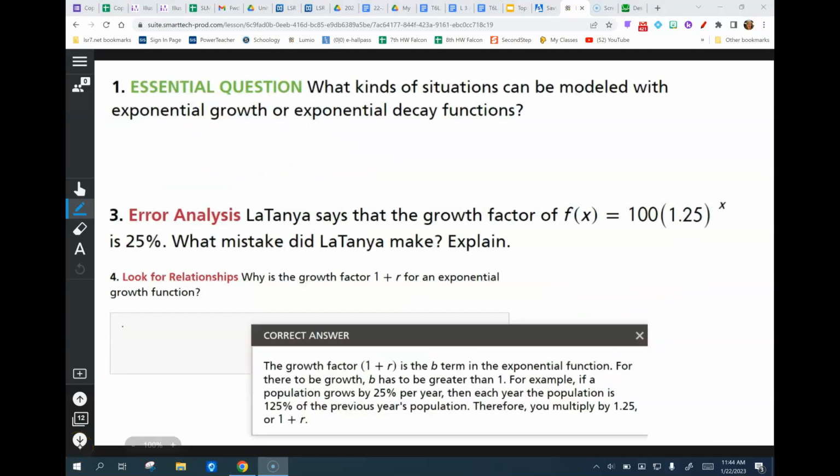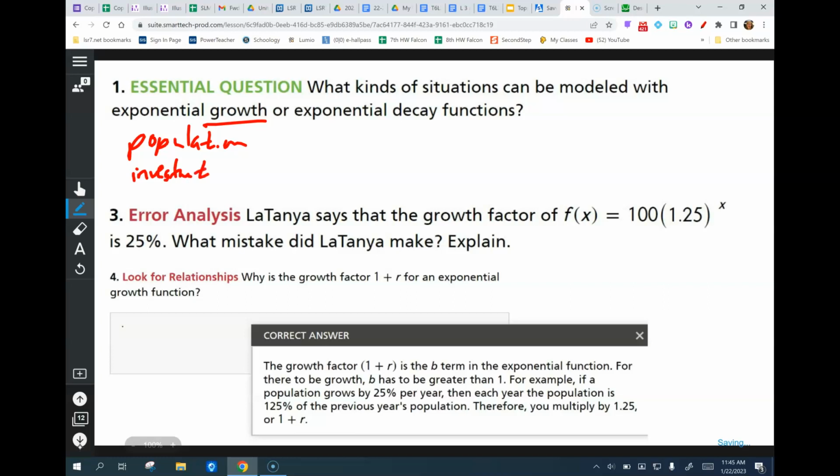Let's talk about essential question number 1. I'm now on page 126. What kind of situations can be modeled with growth? If I think about growth, we can think about population. And you'll notice in your book, there's also investments. Those can be exponential also.